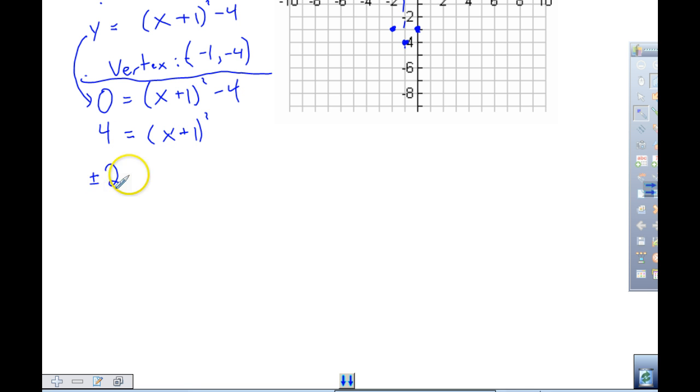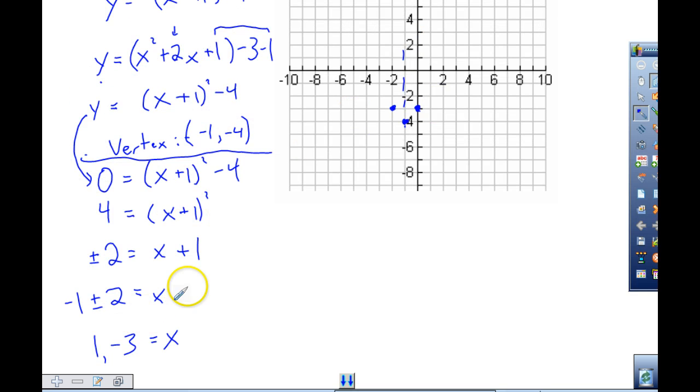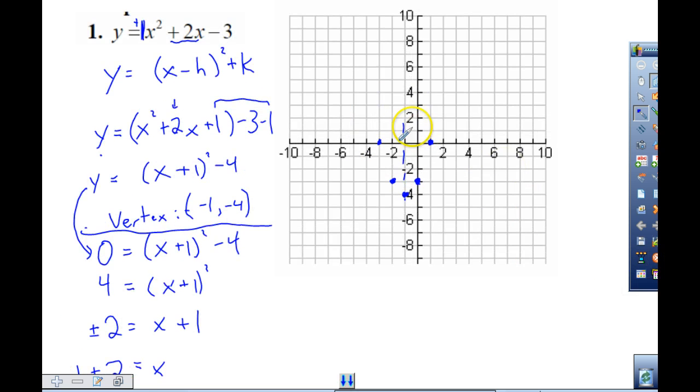That's how you get plus or minus 2 equals x plus 1. And then subtract 1. Negative 1 plus or minus 2 equals x. So negative 1 plus 2 is 1. Negative 1 minus 2, negative 3. So those are the x-intercepts. 1, negative 3.